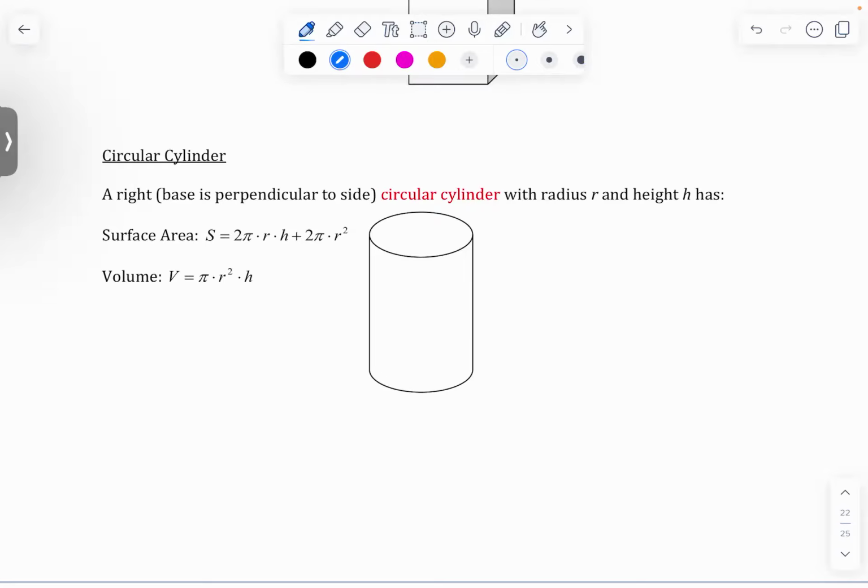Circular cylinder: again, pi r squared times the height, base area times the height. And then the surface area is 2 pi r, the circumference, times h, plus 2 pi r squared, 2 circles, top and bottom. So surface area is just about the faces.